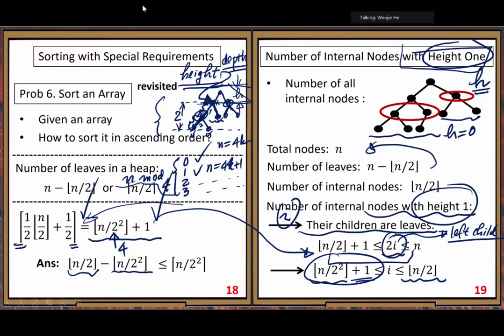For that purpose, we need to use this more friendly formula. But this one, it's not equality, it's inequality. Less than or equal to this one. So different from the leaf case. Leaf case is the equal case. For the internal nodes, here we need to use the inequality.